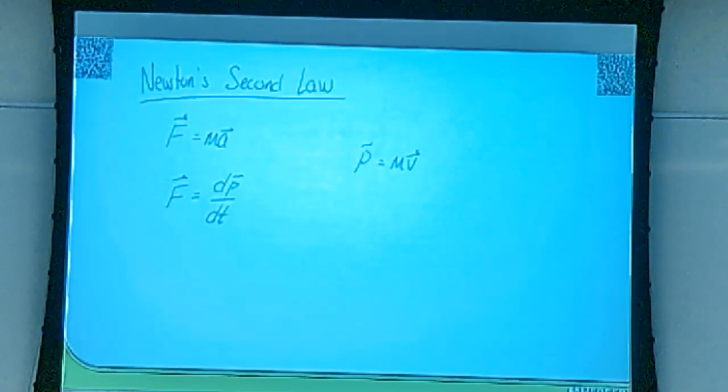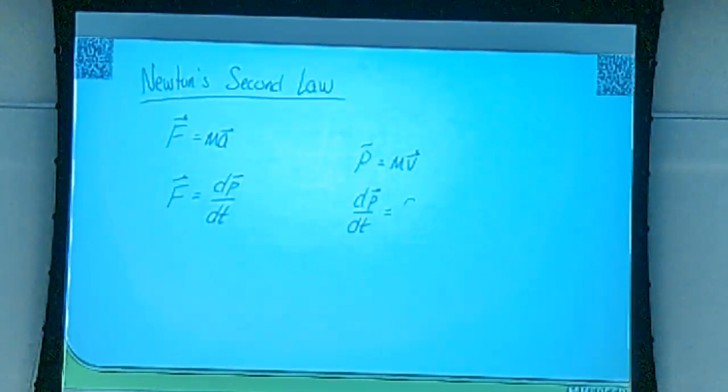Momentum is mass times velocity. So if you take the derivative of that, is the question that m times a?